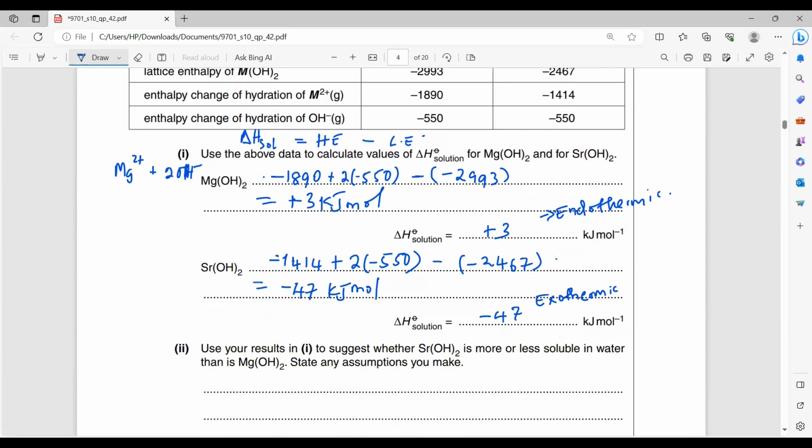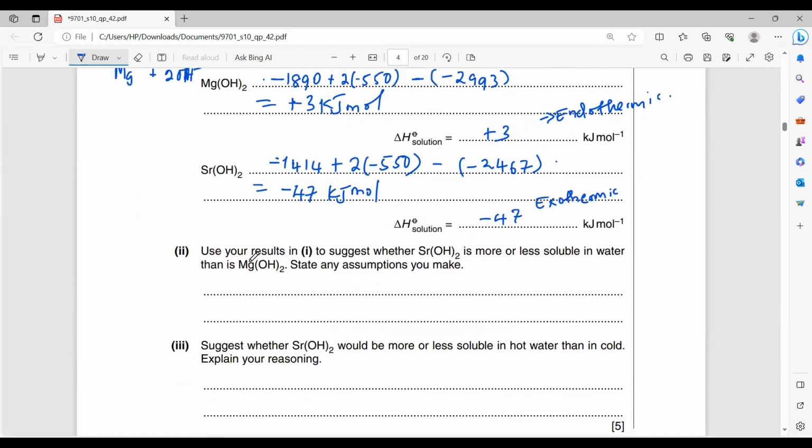So can we go to Roman 2? Use your results in Roman 1 to suggest whether strontium hydroxide is more or less soluble in water. State any assumption. So it is more soluble. Strontium hydroxide is more soluble because, remember, you are asked to state any assumption you made.